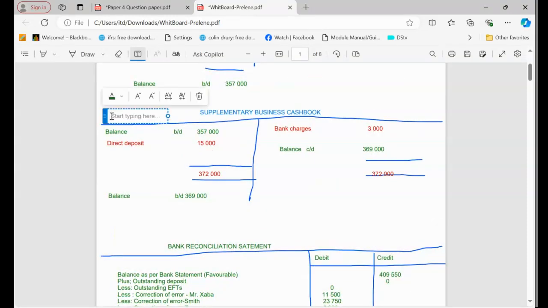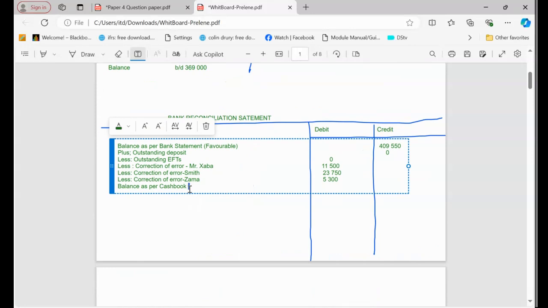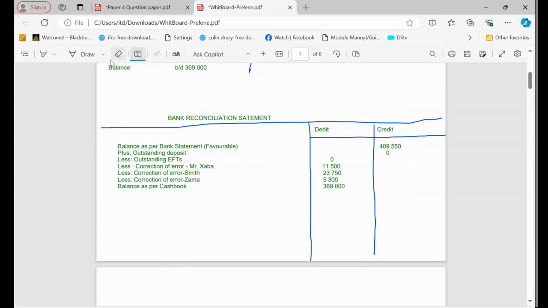It is on the debit side. So we're just going to take this balance to the debit side and put it on. Yes, 369,123. And then we just have to come and check our books.